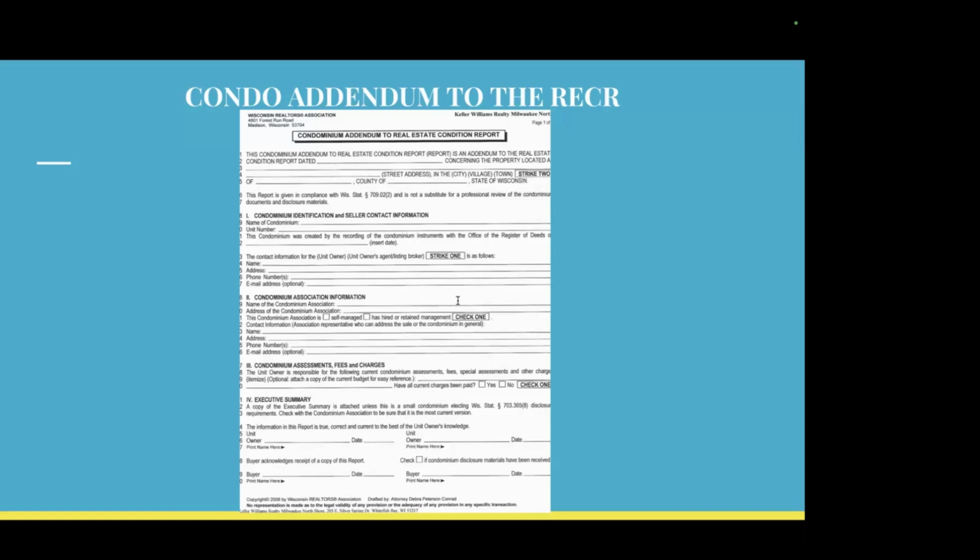I've learned through a few condo deals in the last few years that it is so critical to review the board meeting minutes of the association, because a lot of times either sellers don't attend those and they don't care about the fine details of what's happening in their HOA, or they don't disclose it.